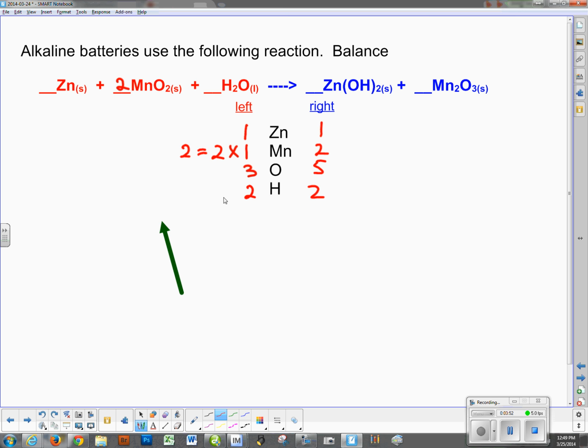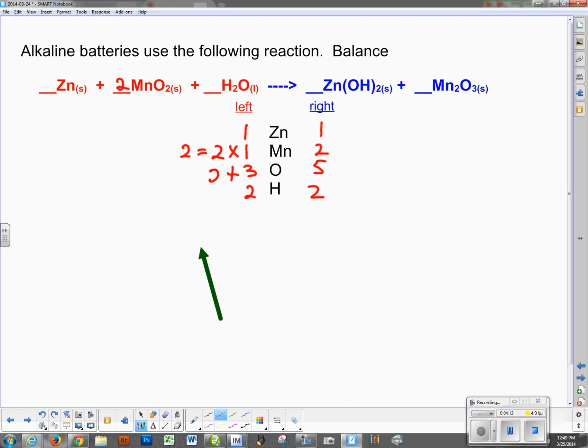Now, on the oxygen, again, we've got to be a little careful. We got 3 on the left, and we put this 2 here, which added 2 more oxygens.